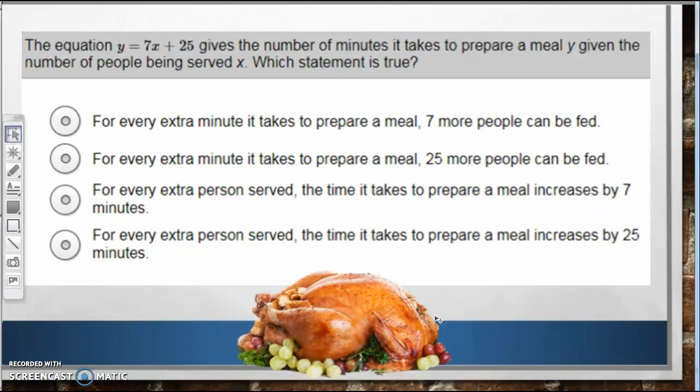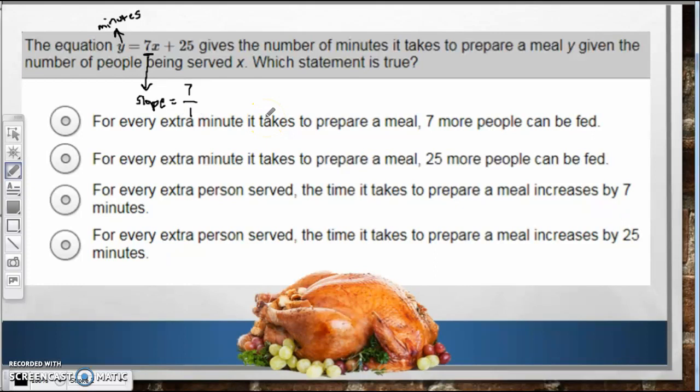Well, let's take just a minute and break down this equation a little bit. They tell us that y is the number of minutes, how long it takes to prepare the meal. We know that 7 is the slope, and that equals 7 over 1.